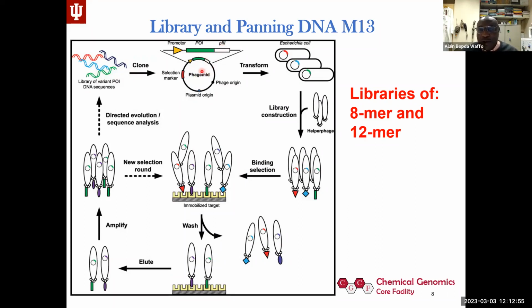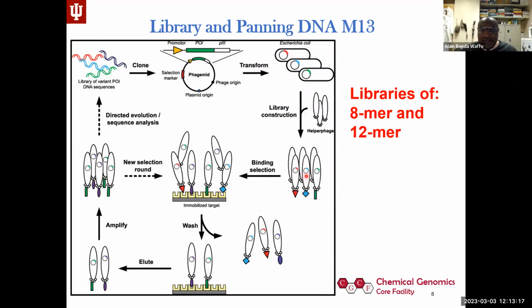This plasmid can be co-expressed with a helper to produce a huge library of variants. That means I have all the variants of interest, and those variants will be cloned and then used to produce the phages.